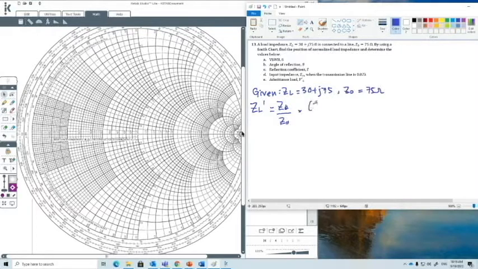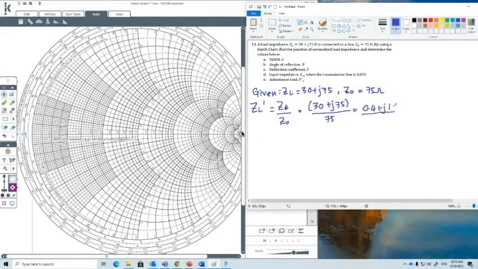So ZL 30 plus J75 divided by 75. In your calculator, you will get ZL prime is 0.4 plus J1.